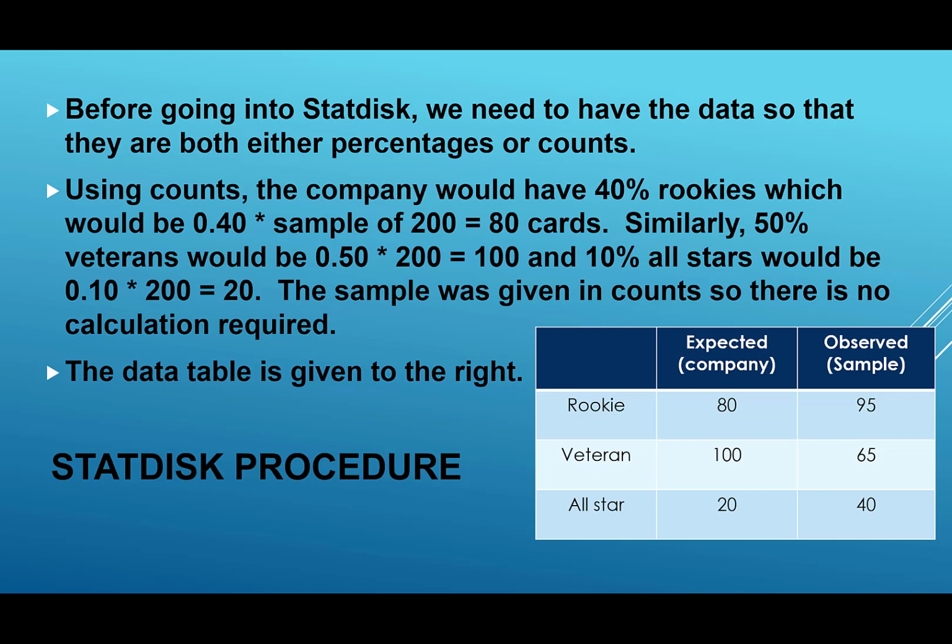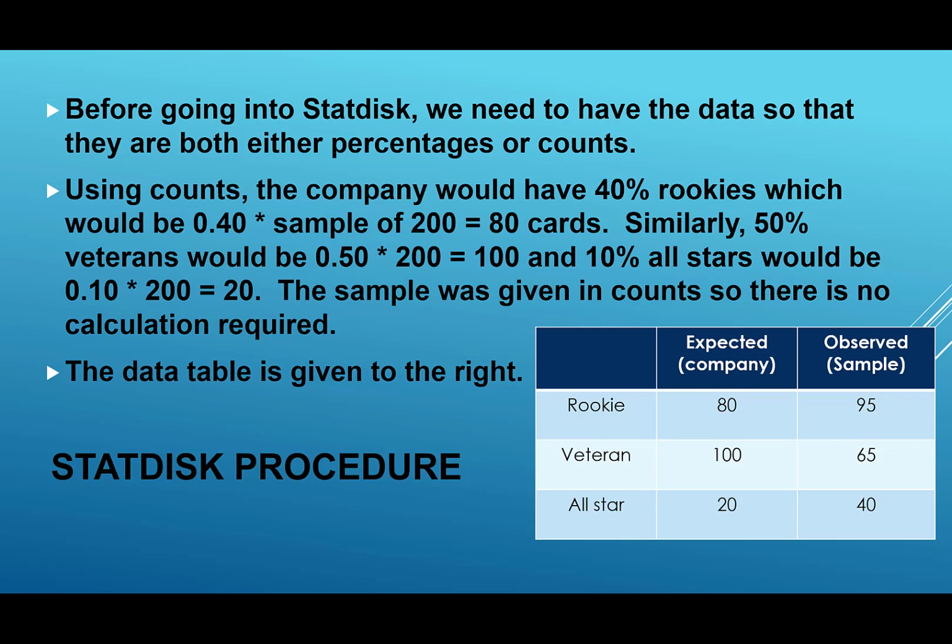And what we need to do then is to take the percentages that the company reported and the sample of 200 cards that the experiment used, and determine how many cards would fall into each of these categories.